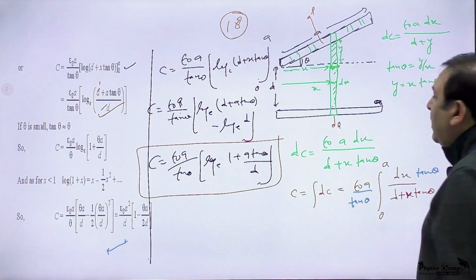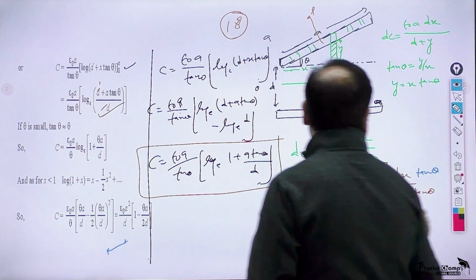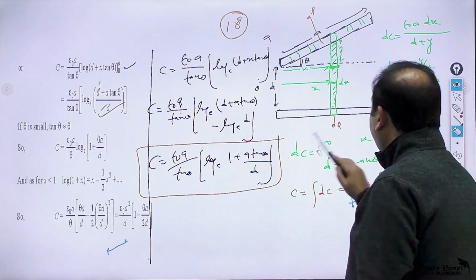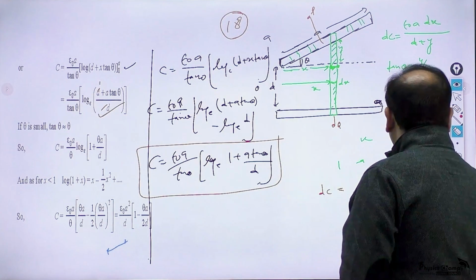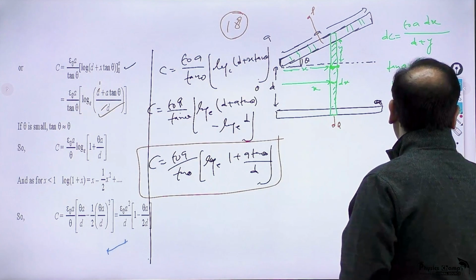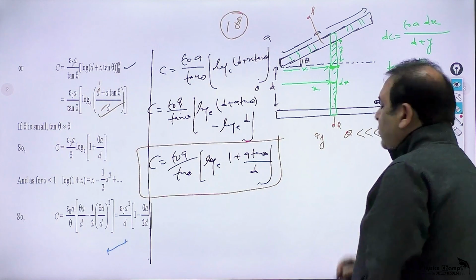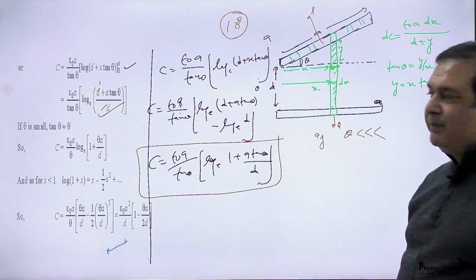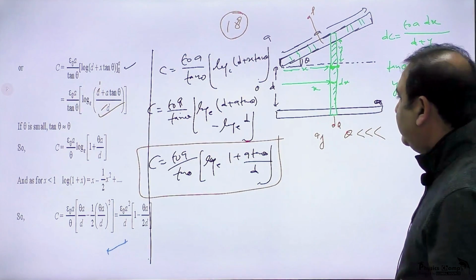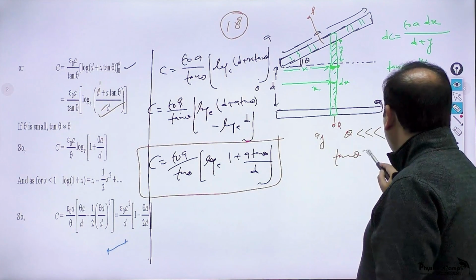But another part of the question says, if theta is small, if theta is very, very small, it means tangent theta can be treated as theta.